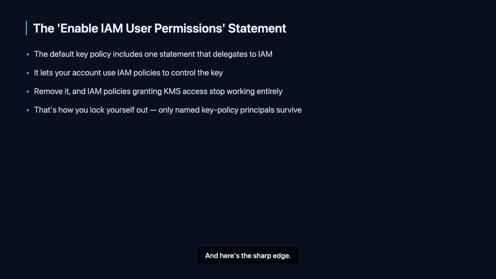And here's the sharp edge. If you remove that statement, IAM policies granting KMS access simply stop working for that key. From that point on, only principals named directly in the key policy or through a grant retain access. Delete the wrong thing, and you can lock yourself out of your own key entirely.